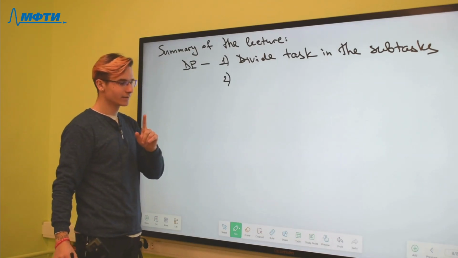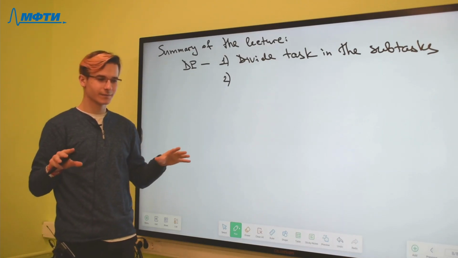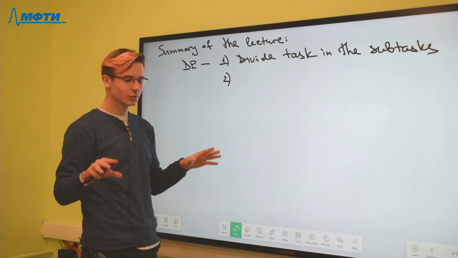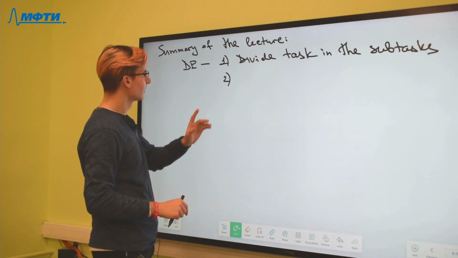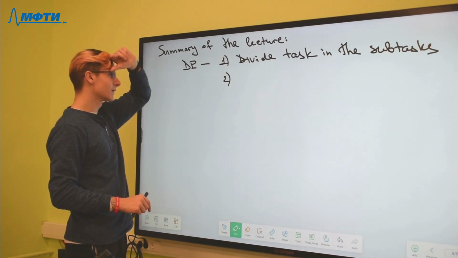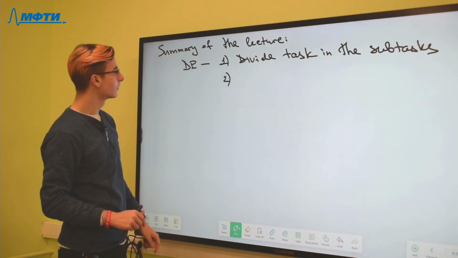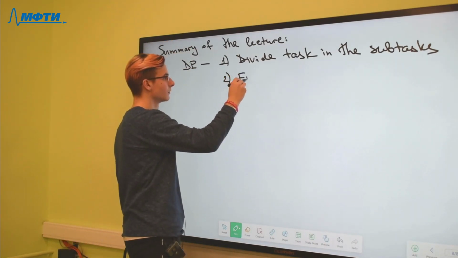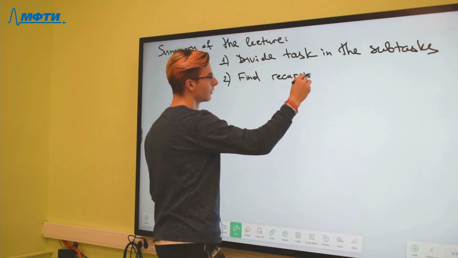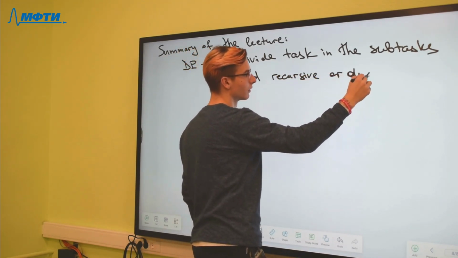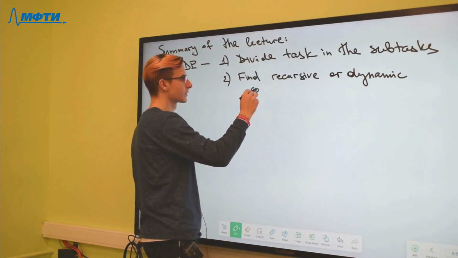I talk about it because these two topics are connected. Divide the task into subtasks firstly, and then find a recursive or dynamic connection between the subtasks.